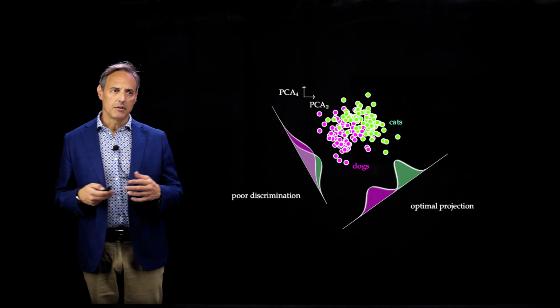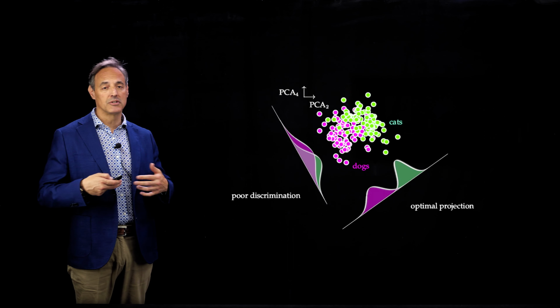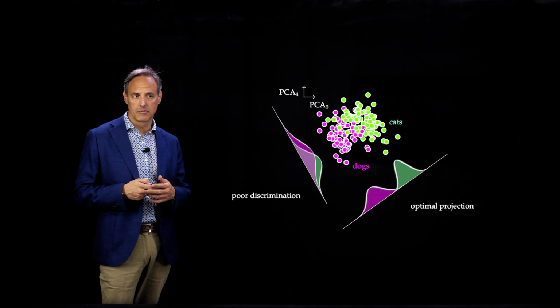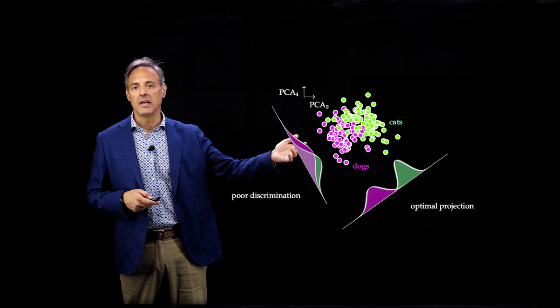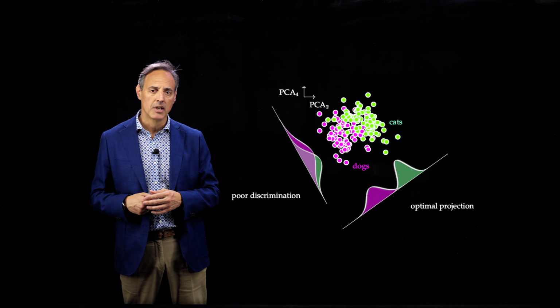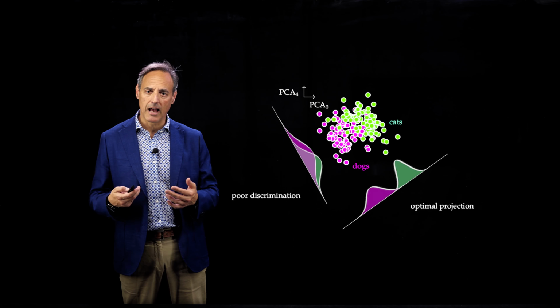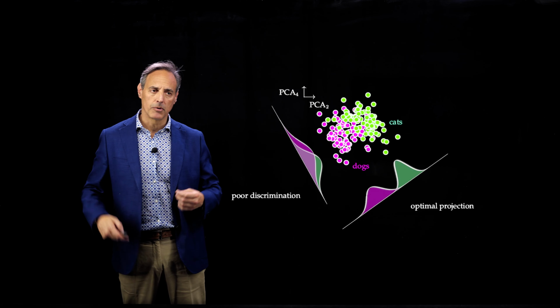A picture often tells 1,000 words, and in fact we go right back to the dogs and cats example in some feature space, a principal component space, which might look like this. This is actually a data set that I talked about in the first set of lectures on this, where I have 80 dog pictures and 80 cat pictures. I look at their low rank representation in terms of principal components.